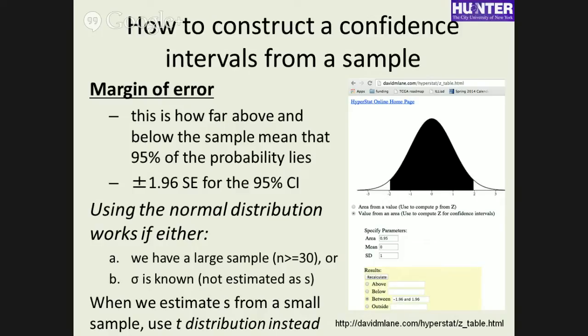And you will use a table of Z values or of T values to look that up if the sample is smaller, or if you want some confidence interval other than the 95% one.